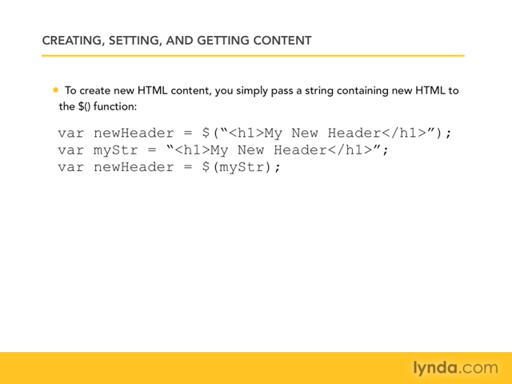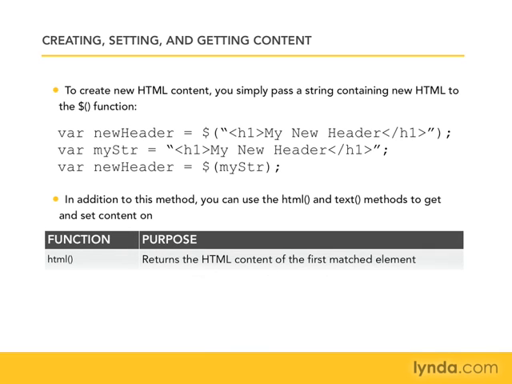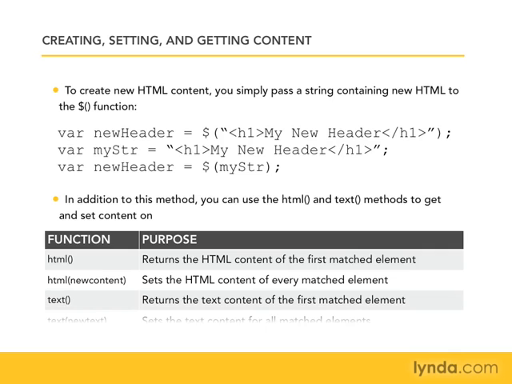In addition to this method, you can use jQuery's HTML and text methods to get and set content on elements. If you look at the table here, you'll see what these methods do. The HTML method with no arguments basically returns the current HTML content of the first matched element that comes back from the selector's result set that you're calling this function on.